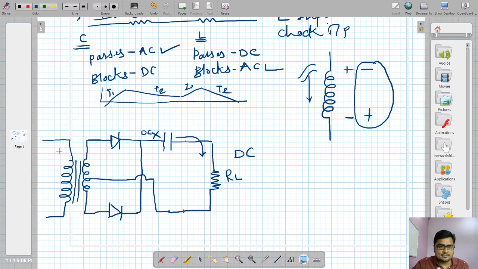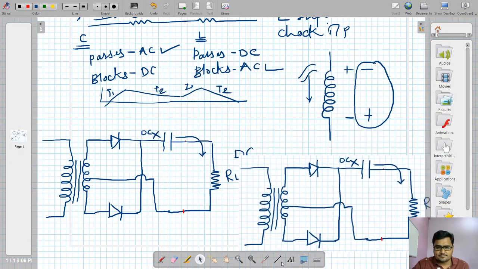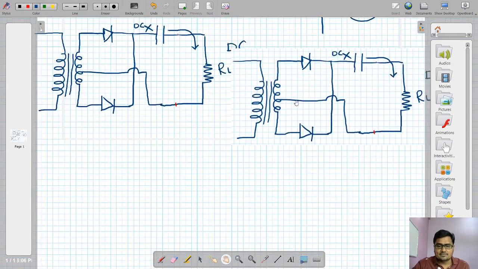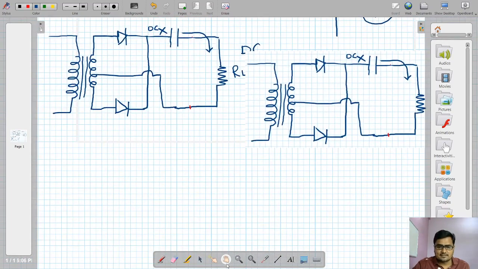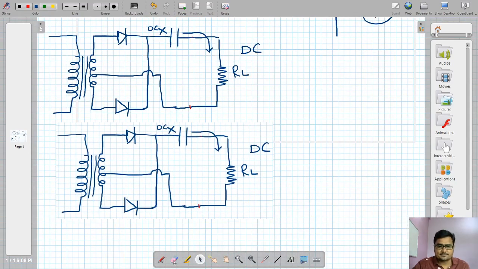Let me repeat this. Now see what will happen if I connect the capacitor in parallel. Let me remove this. When I copy the image, it's not possible to remove.